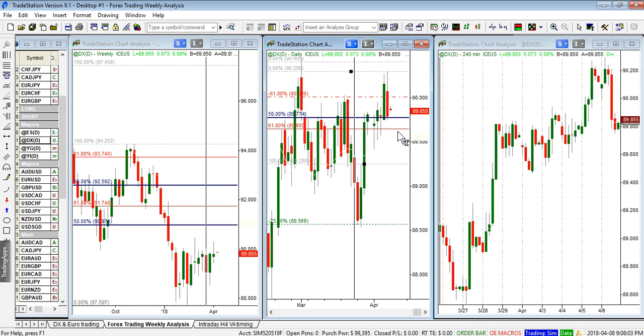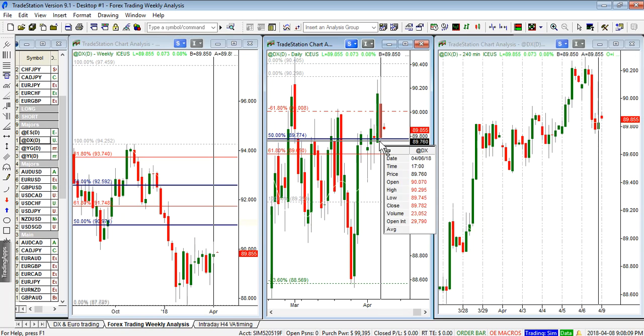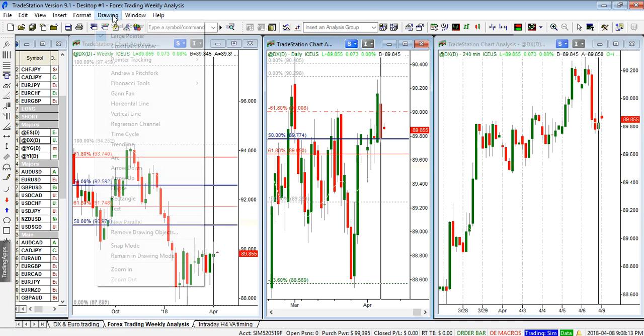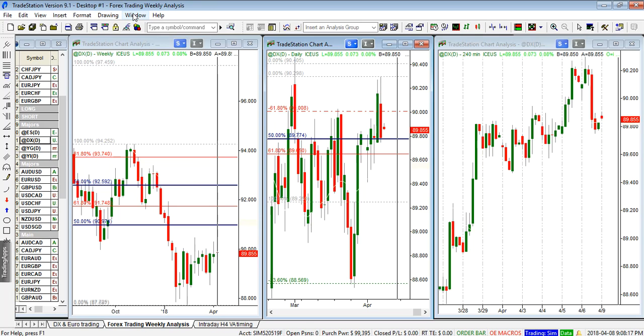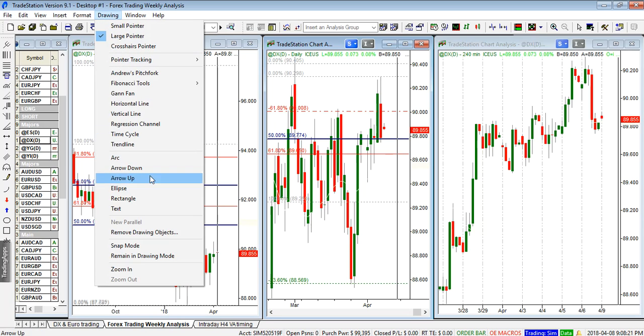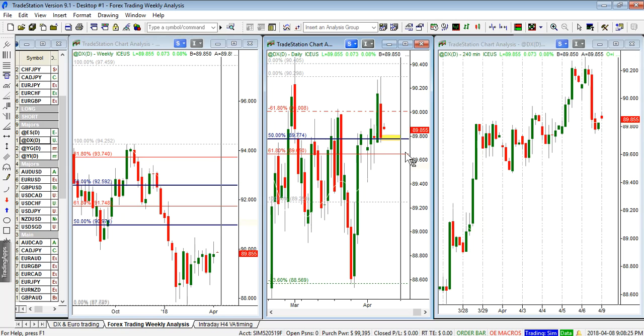So there is a level, excuse me, that I would watch here. This is the extension longer that traded already on Friday, and it could come into play again today. So if we see this market holding this level here, then that's where we are going to continue our move higher in the dollar index and lower in the euro and other majors as well.